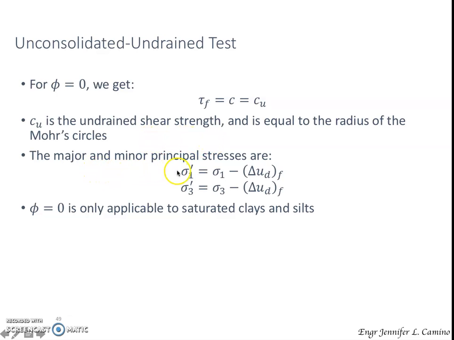So for the major and minor principal stresses at failure, our effective major principal stress is equal to the total major principal stress minus our pore water pressure at failure, and our effective minor principal stress is equal to the total minor principal stress subtracted by the pore water pressure at failure. So phi equal to 0 is only applicable to saturated clay and silt.